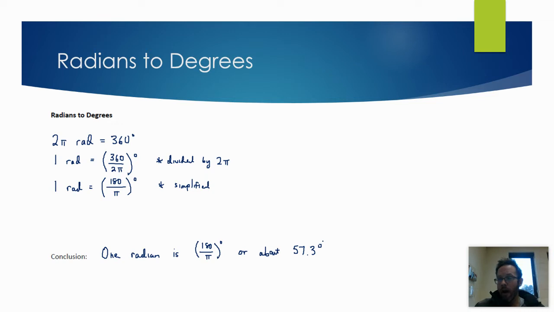So this is how we can determine any angle measure that's in radians. We can convert back to our old friend degrees using this conversion factor that 1 radian is 180 divided by pi degrees. Let's develop a rule for converting from degrees to radians.